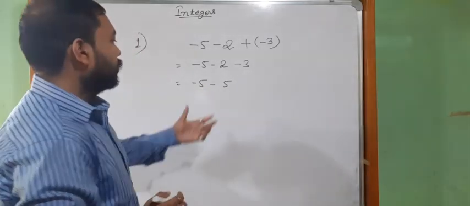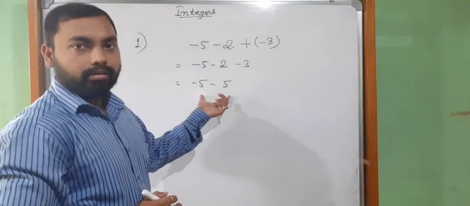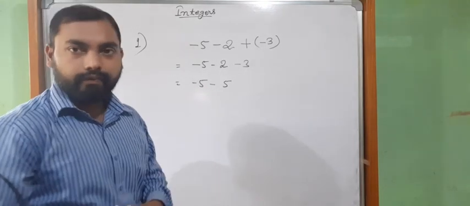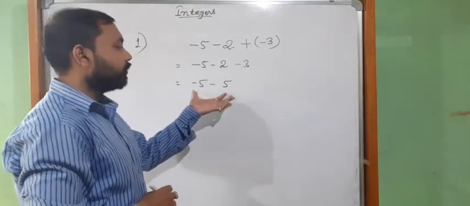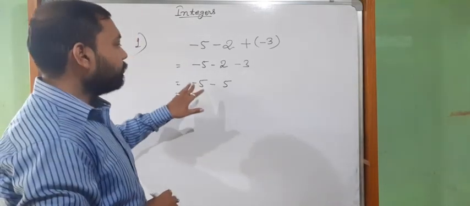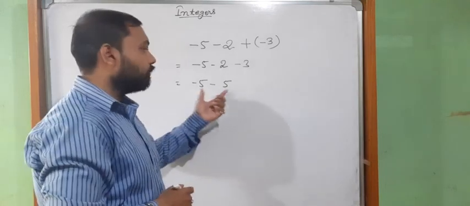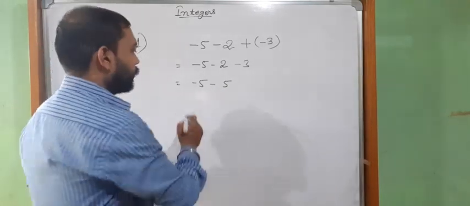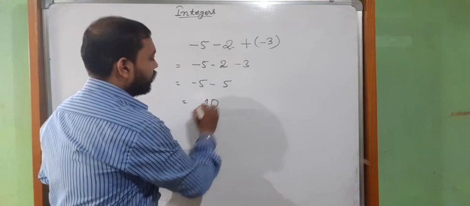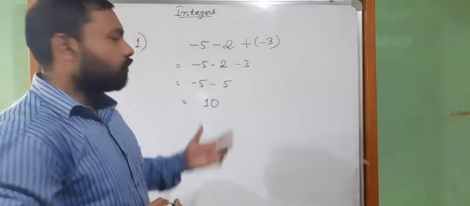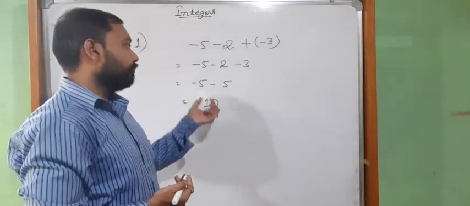Now as you can see, the two negative integers are -5 and -5. Now we have to do the calculation here. Again minus and minus will be plus. That means we have to add these two integers, and 5 plus 5 is 10. Now we have to consider the sign, and you see both are the same.